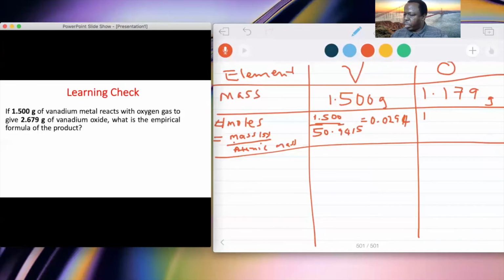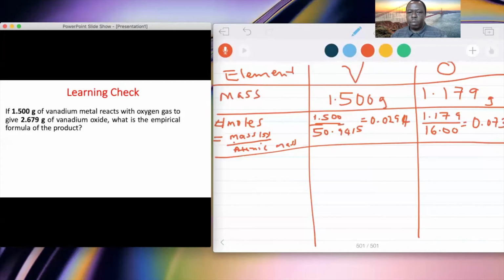For oxygen, 1.179 over 16. Let me just round that off to 16. This gives me 0.0737.